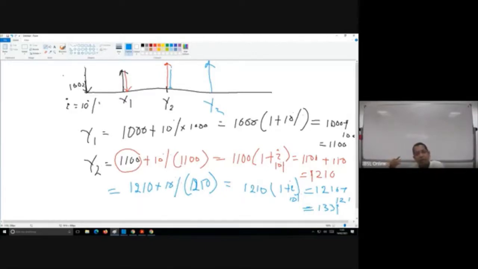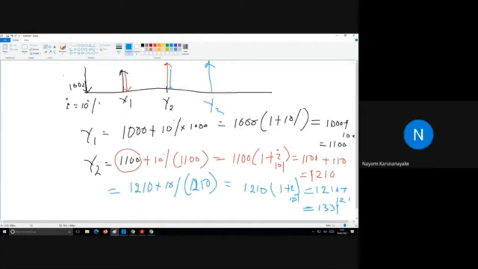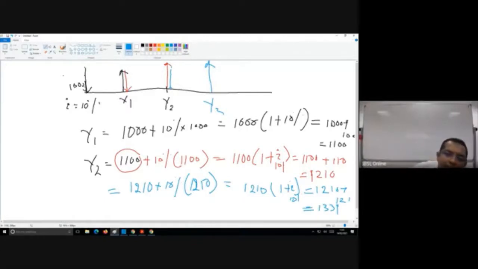You reinvest 1,100 at 10% rate. At the end of the second year, you will get 1,210. Right? Like that, it keeps going on. That's clear? Money accumulation? Yes, sir. Now it's clear. Thank you. Right. So that is the future value.